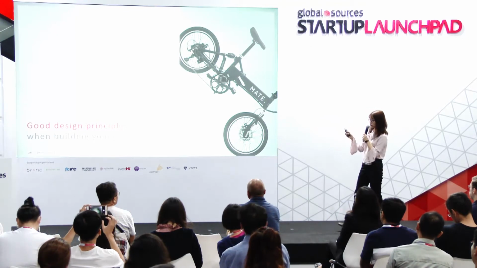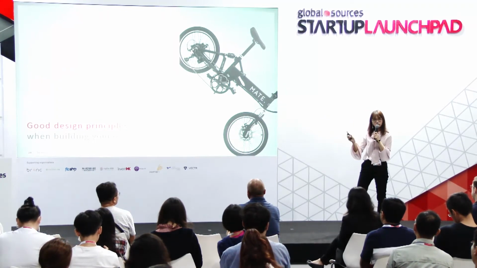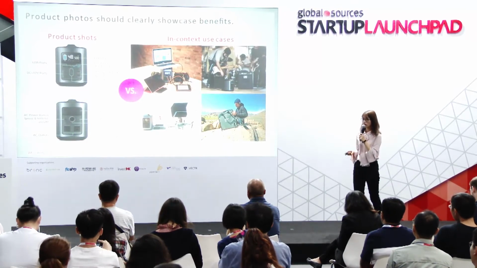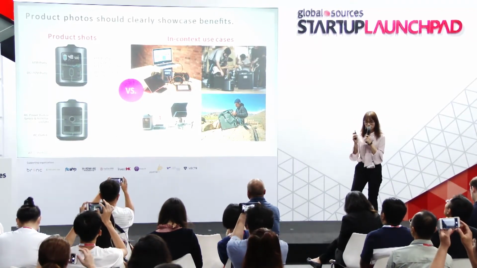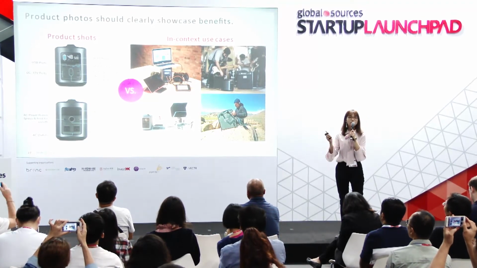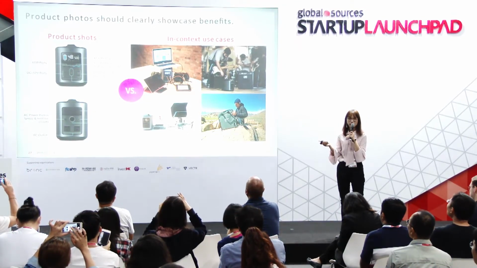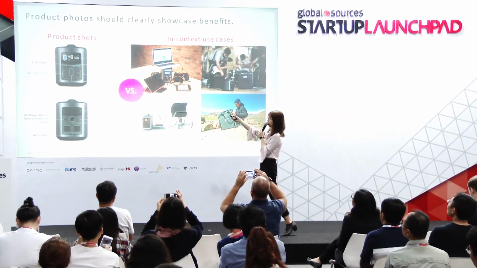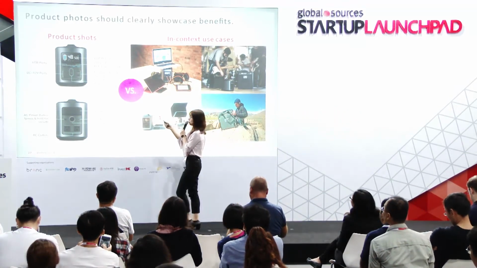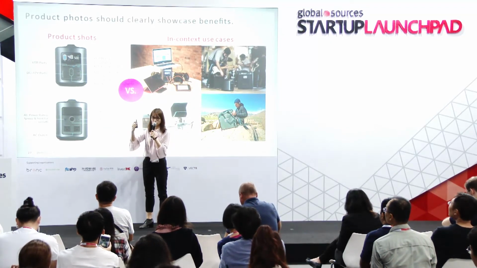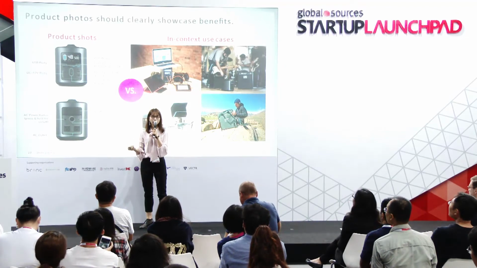But I also want to share some general good design principles on which to model the entire page. The first one is that for the images that you're using on the page, make sure that the product images are useful and in context. I have 2 examples here of that. For product shots, I've seen a lot of pages where people will post renderings of the product at every single angle and just show it across the page without really a goal or purpose.